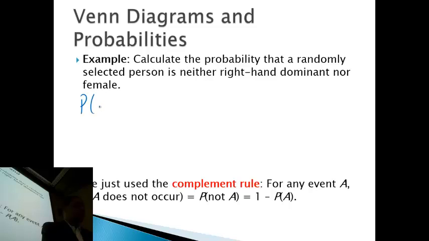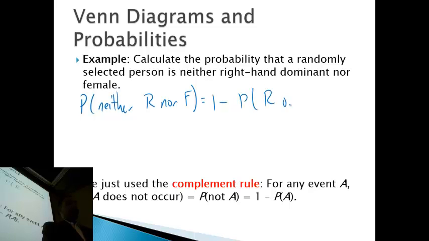So the chance for neither right nor female is actually 1 minus the chance that you are either right-handed or female.